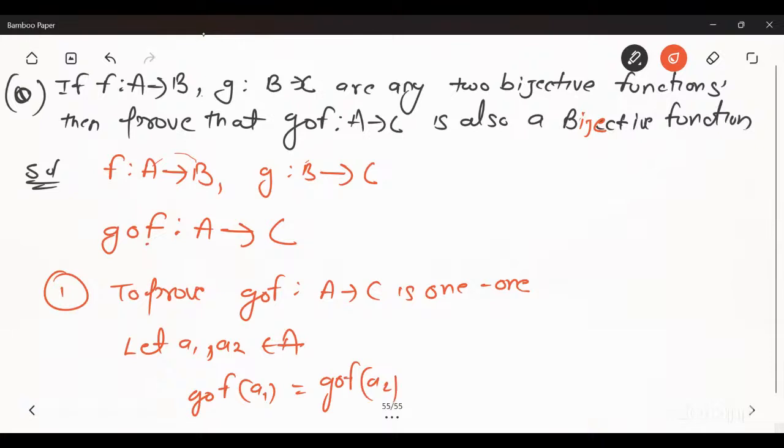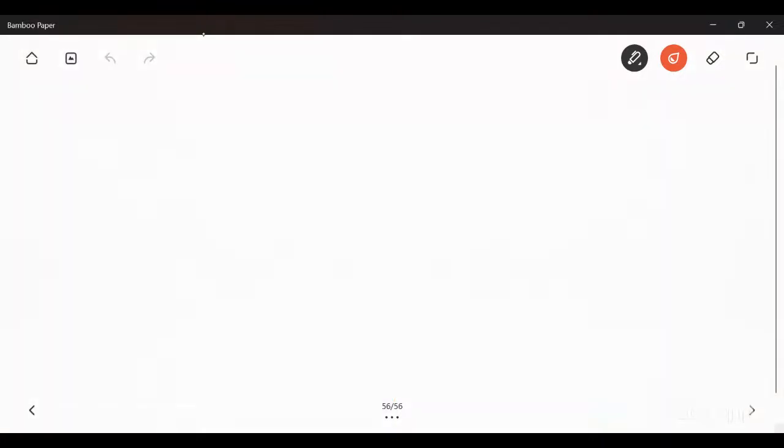What is the method to prove a one-one function? In that we have discussed earlier. Firstly, we have to take f of x1 equal to f of x2. Then we have to prove x1 equal to x2. So g of f of a1 equal to g of f of a2.